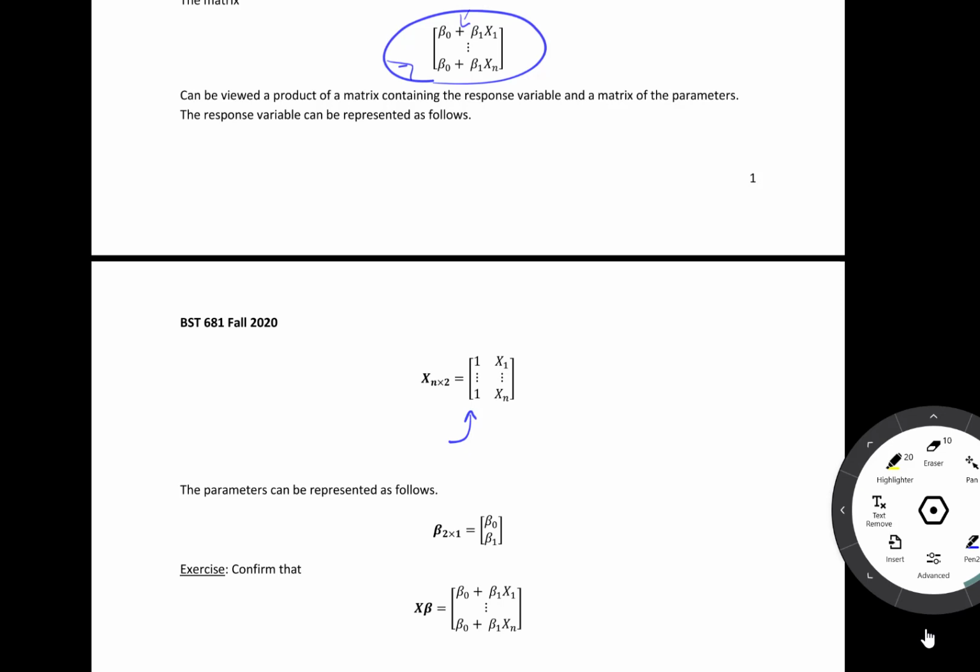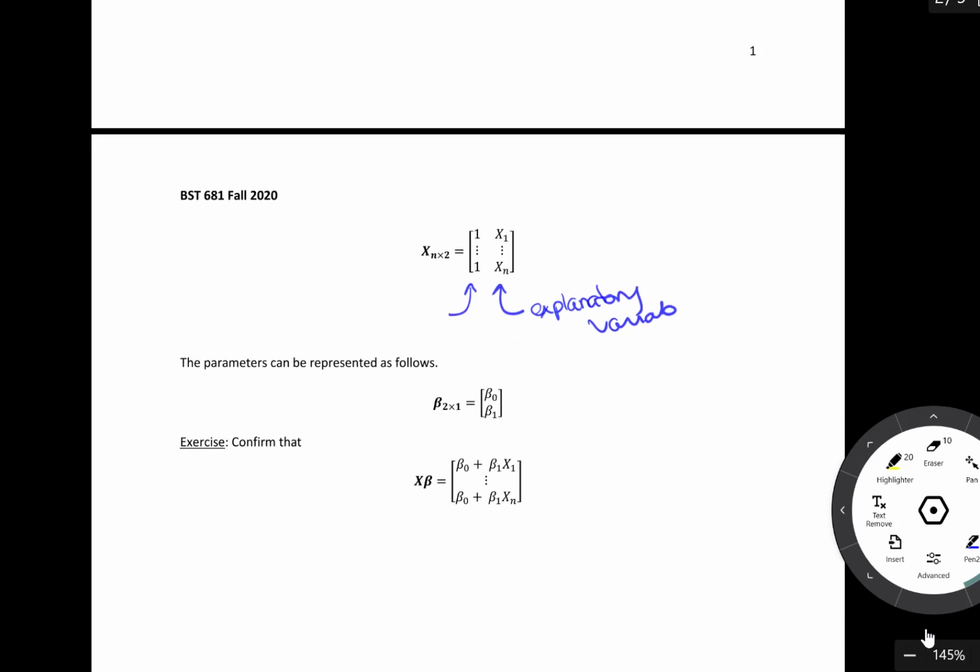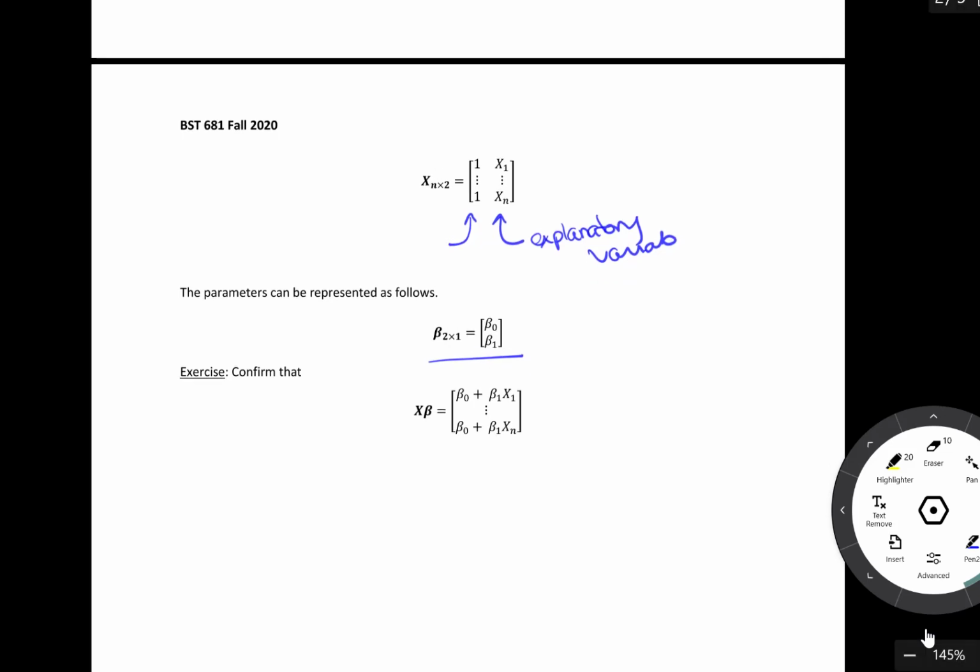Well, it ends up that we need this column of ones because when we go to do the matrix multiplication, we're going to want to multiply the intercept term by 1. And then here in the second column, this is where we have our explanatory variable. So we can then represent the parameters in a 2 by 1 matrix, and if we multiply this X matrix by this matrix of parameters, we end up with that matrix that we saw earlier.